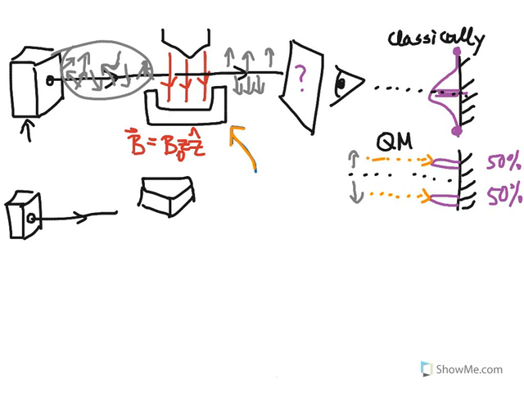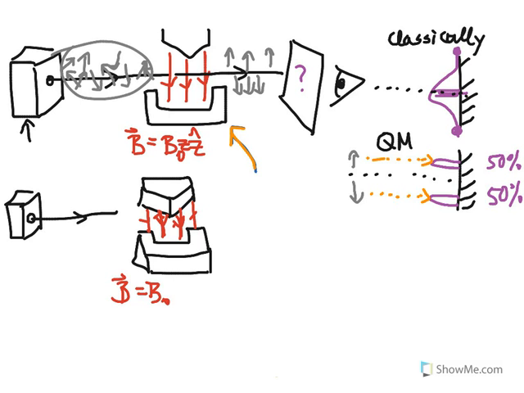And then on this side, we have, right, and the B field now is pointing into the page. Oops, I guess I should draw the arrows the other way. And so instead of in the Z direction, let's say that this is in the X direction. So B is equal to B naught X hat.